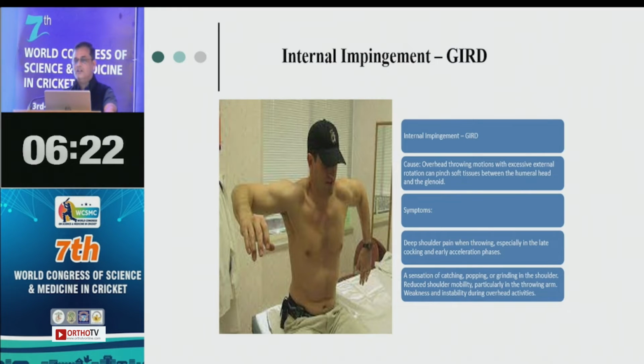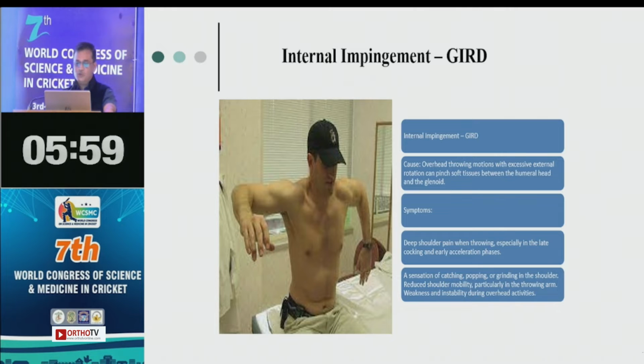So GIRD and posterior impingement are closely related. Whenever there is posterior tightening of the capsule, the head of the humerus is shifted anteriorly and superiorly. The result is a lack of internal rotation at the cost of extreme external rotation.